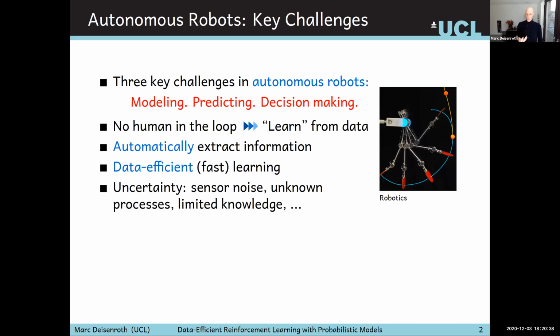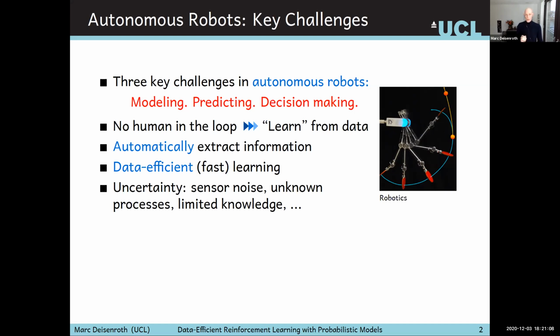And then, when we talk about autonomous robots, we would ideally take humans out of the loop as much as possible. That requires the robot to learn from data in some sense, which means there needs to be a mechanism to automatically extract information from data. But in practice, we also face another challenge, which is data efficient learning or fast learning.